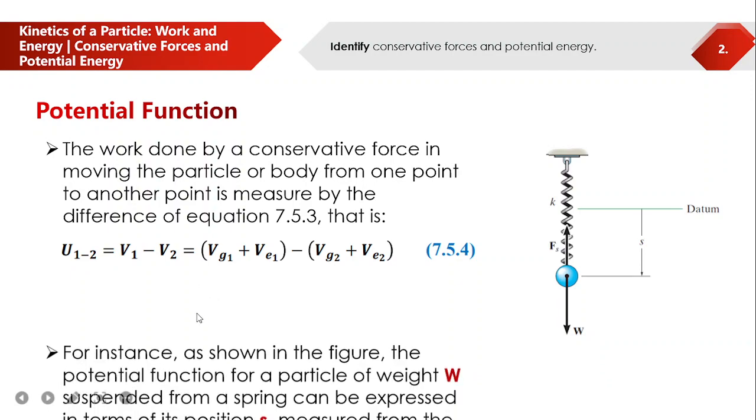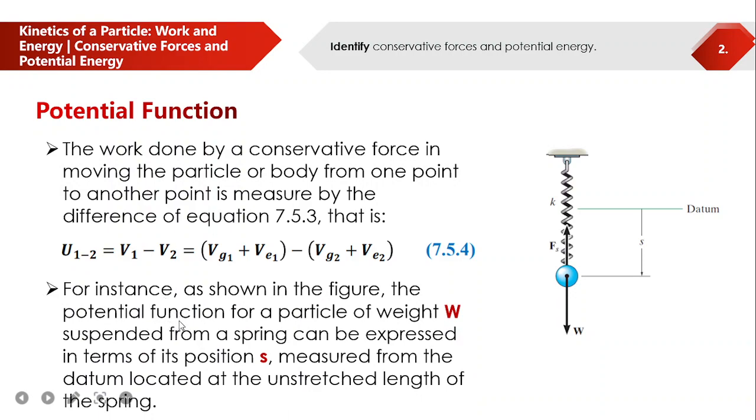Okay? So for instance, as shown in the figure, the potential function for a particle of weight W suspended from a spring can be expressed in terms of its position, measured from the datum located at the unstretched length of the spring. Okay?